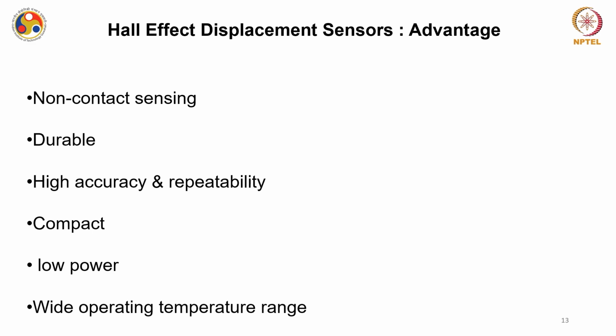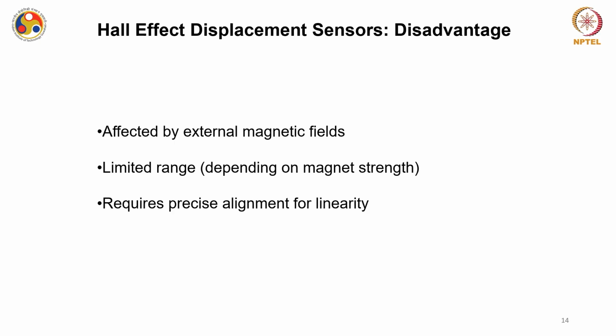These devices are not that power hungry, so you can say that they are categorized as low power devices. And they have a very wide operating temperature range, which is very essential for operation of this kind of device in harsh conditions. So these devices can be used in those kinds of conditions.